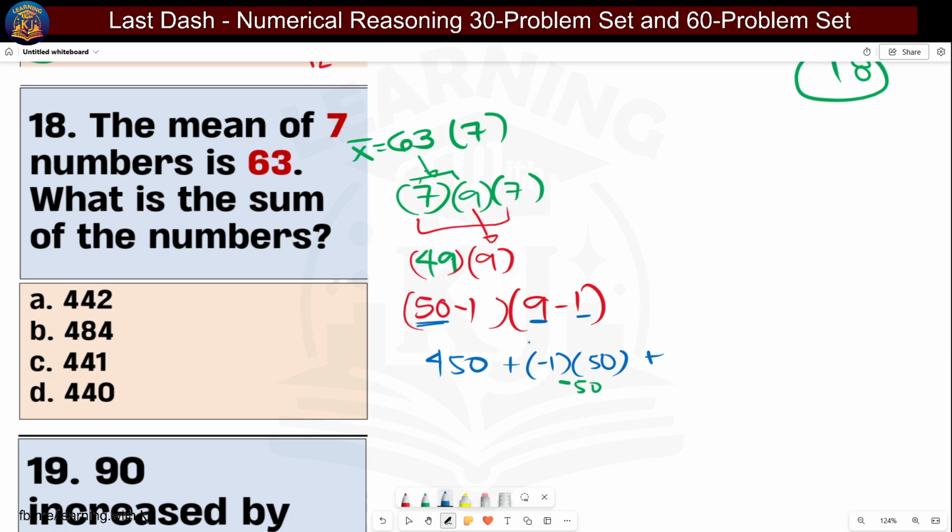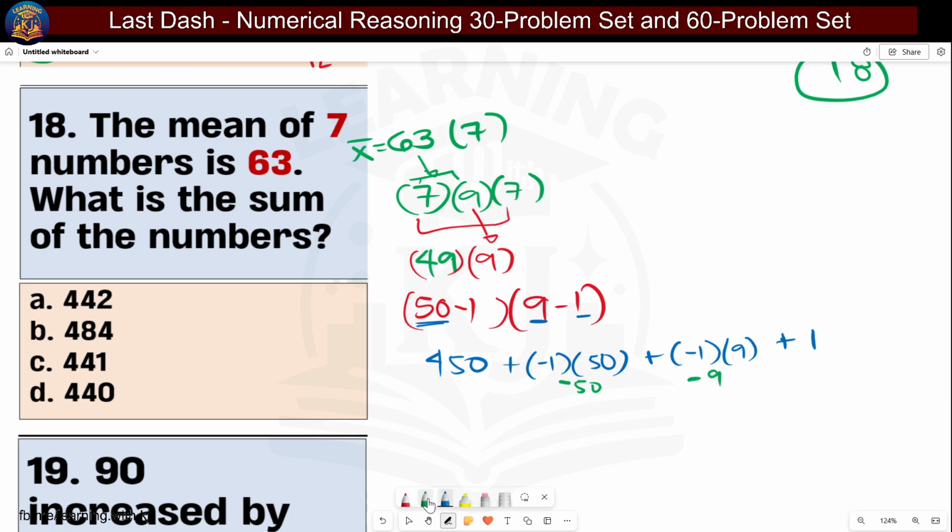Now, we have here lahat ng nasa loob. This is negative 1 and 9. Ang value niya is negative 9 na. And then, we have here positive 1, kasi dalawang negative. Positive 1. Tama ba? Okay.